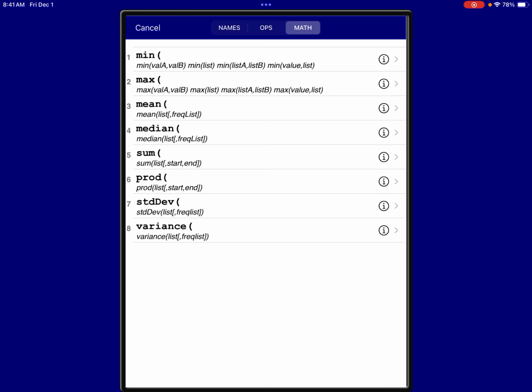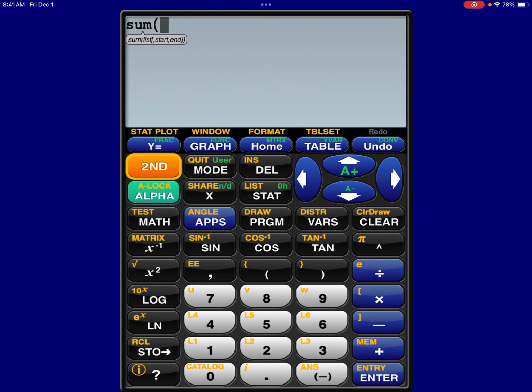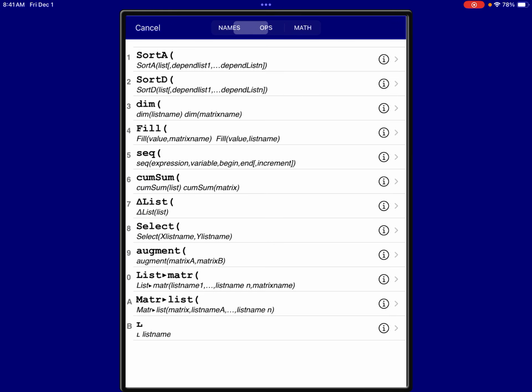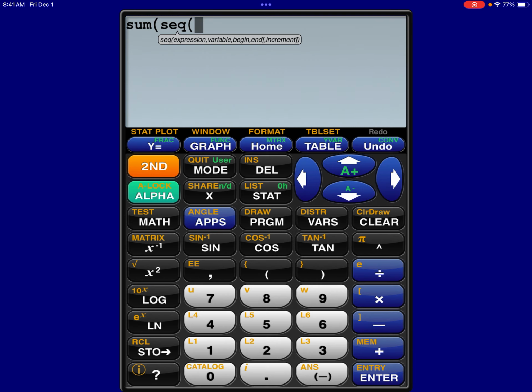Under math, there's the sum. Go back to list. Under operations, there's the sequence. And then it was alternating, so I need -1 raised to, calculator's right now using x, that's fine. And then there was the x on top divided by 5 raised to the x. And then x is the variable, go from 1 to 6.